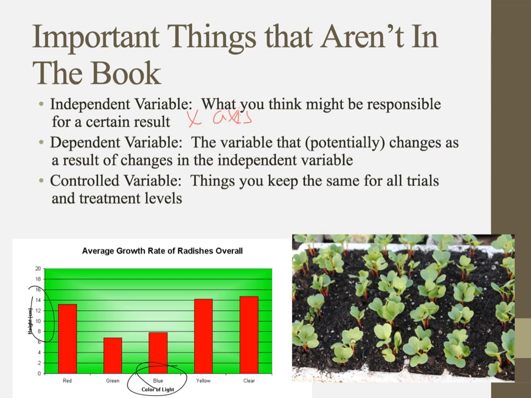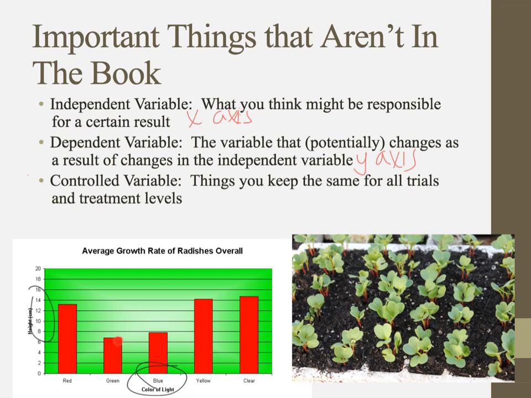And notice that our dependent variable is on the y-axis. So this is what we think causes the difference. Here is the result of the difference. So independent, dependent. Controlled variables are things that we make sure we keep the same for all of our trials and treatment levels.